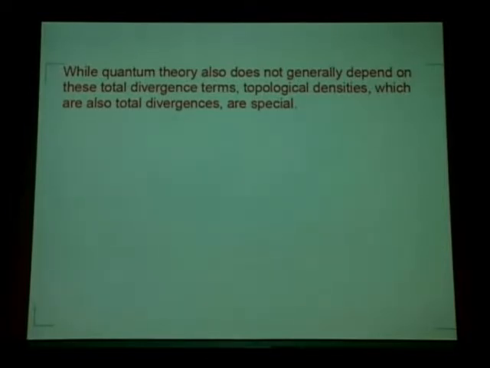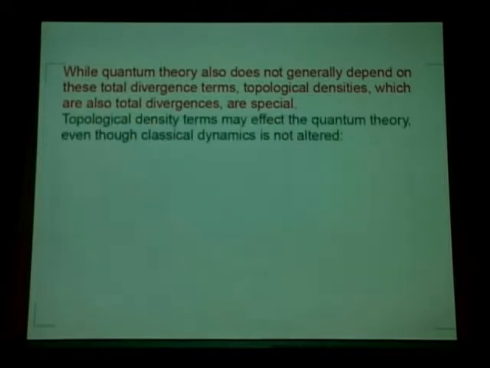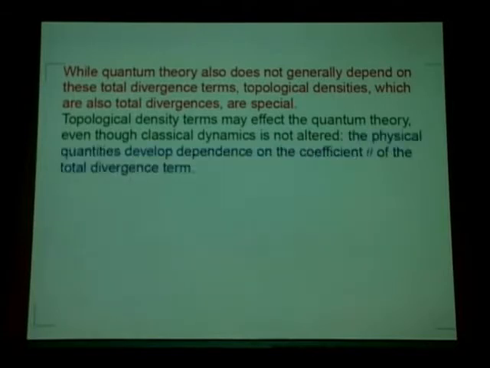Total divergences of the type that are called topological have a special property. The physical constants will develop dependence on the coefficient theta of the divergence term.